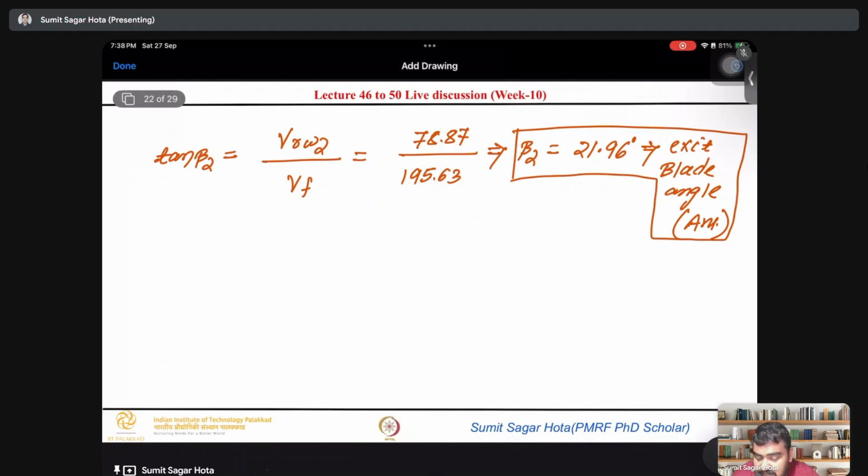So what is the pressure at inlet? The pressure at inlet, P1, we need to calculate.